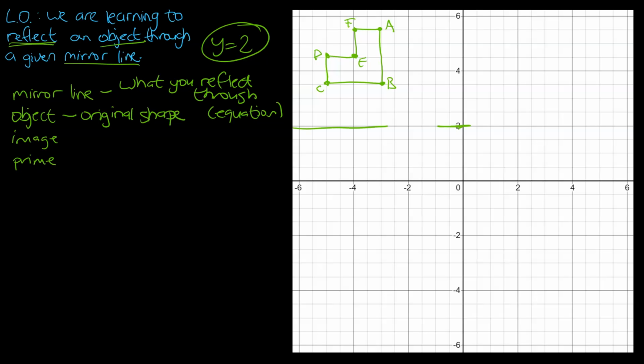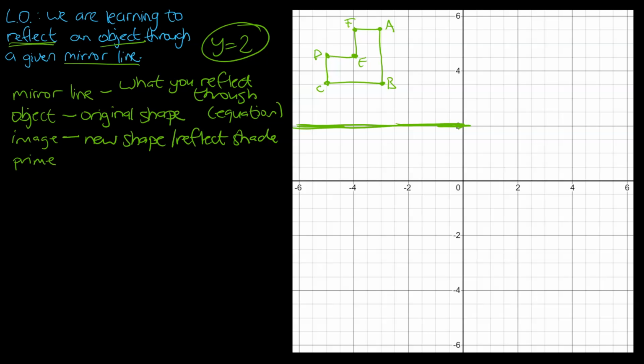So it's a line that is perfectly straight and it runs through 2. The next step is, well, what's the image? That's going to be your new shape, or perhaps you can call it the reflected shape.